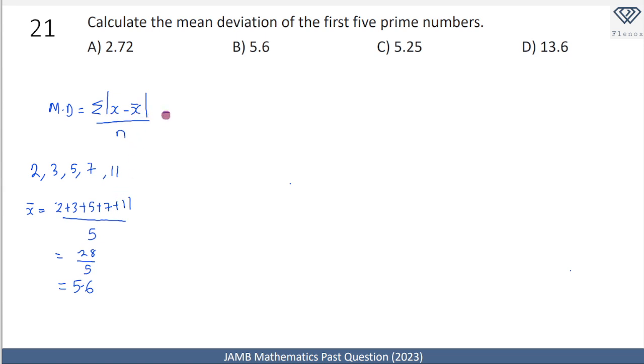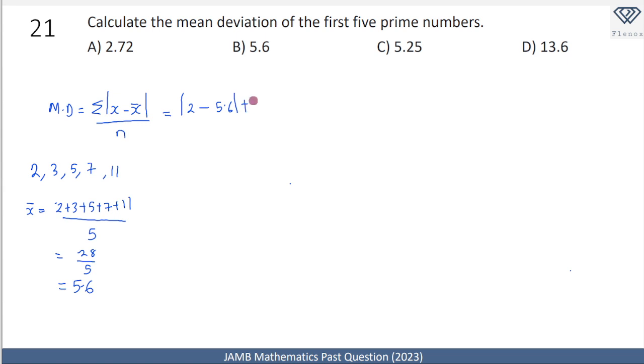Now we need to find the difference x minus x bar, meaning each of our numbers minus our mean, and sum them up. That is what the summation sign means. And we have to find the absolute value, which is what these 2 bars represent. So we start with our first number, 2, and take away the mean, 5.6.